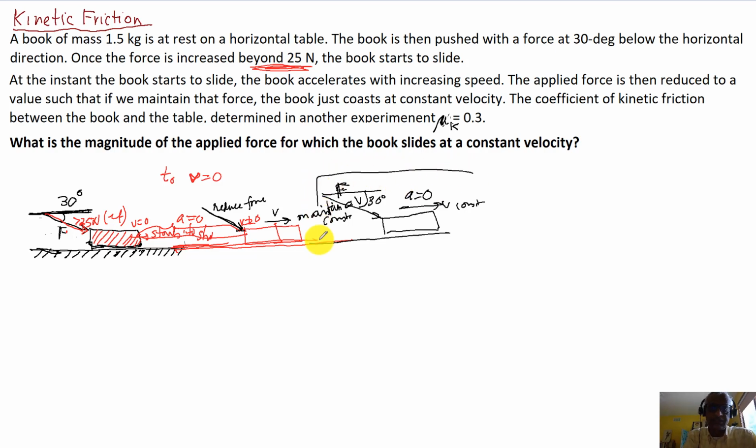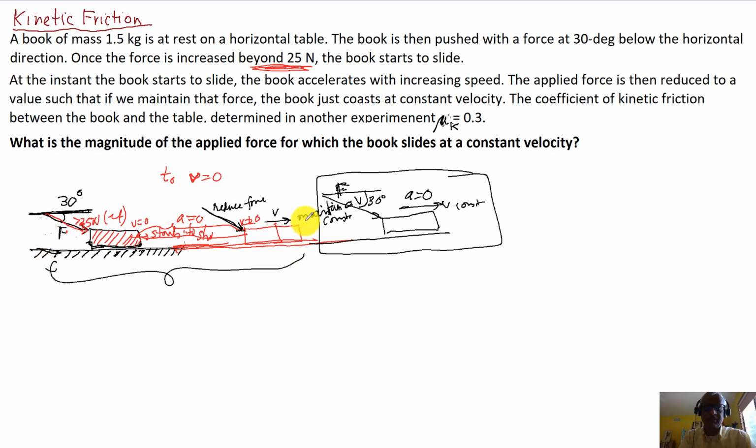So it is this situation that we're supposed to analyze. All of these are just to get to this situation. So it says when it's at constant velocity, then what is the magnitude of this applied force F? All right, this means that at some instant t, all the forces on the book are balanced, right?